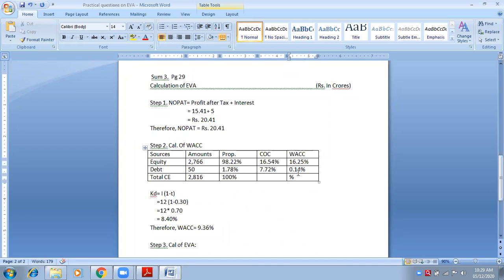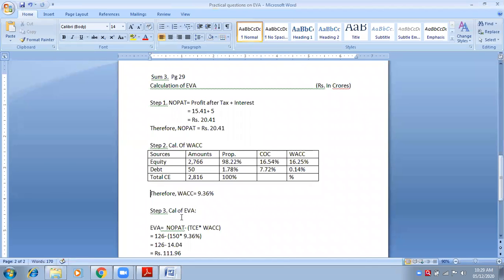So what is the total of both of these? 16.25 plus 0.14. What is my WACC? 16.39. So WACC is equal to 16.39 percentage.